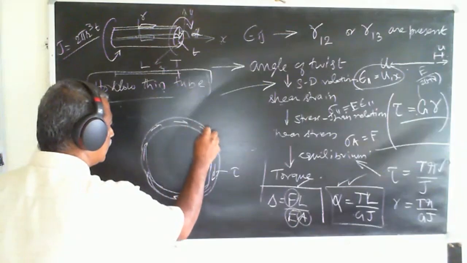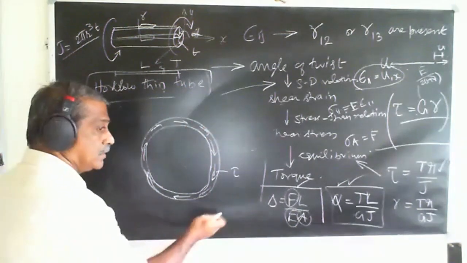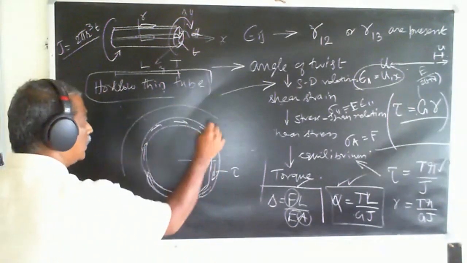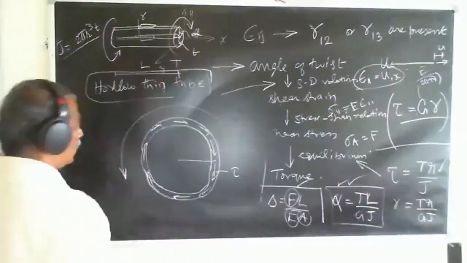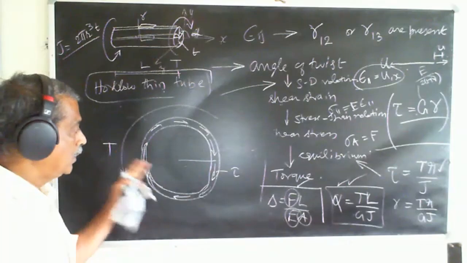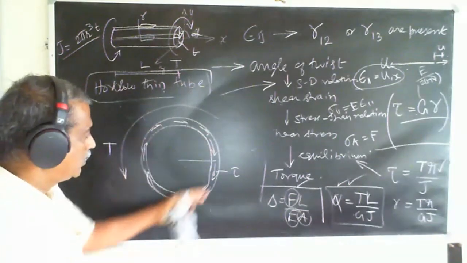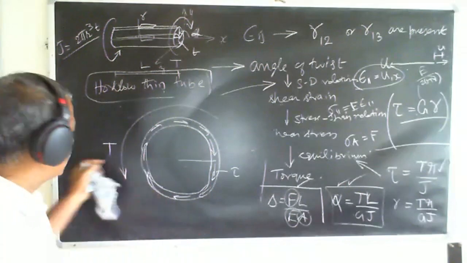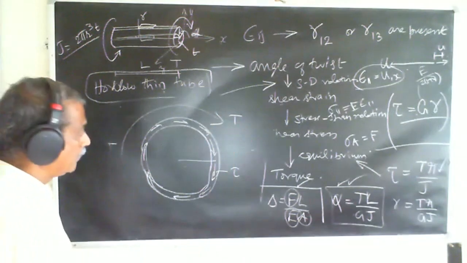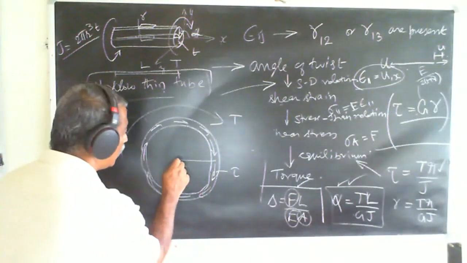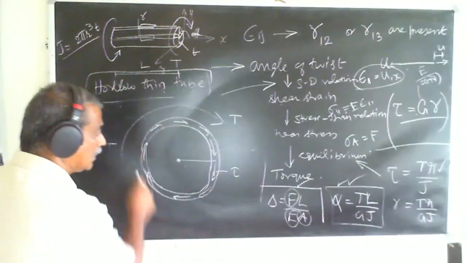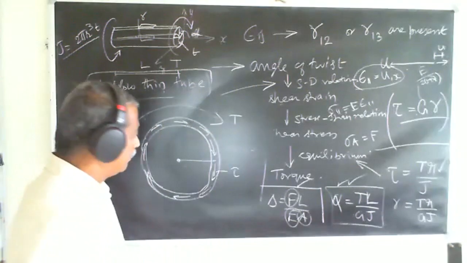This shear stress contributes to the resistance to the torque that is applied. This is internal shear that is arising out of the torque that has been applied externally. Which means that if I take moment about this, the torque should be equal to the resultant of all the shear stresses put together.